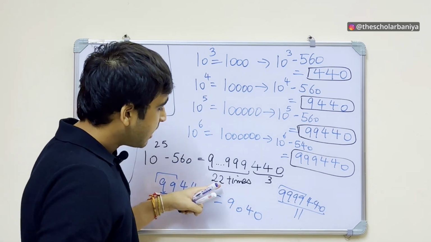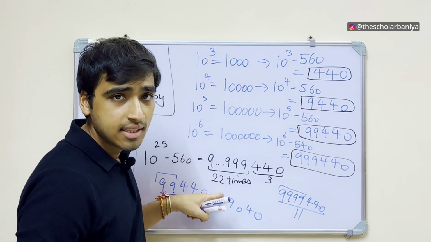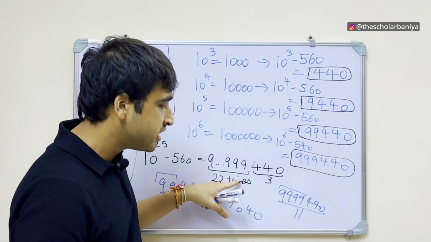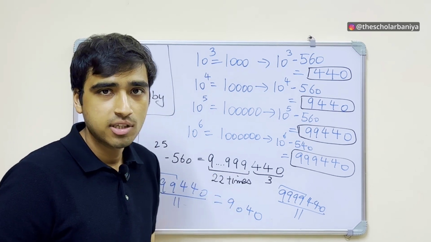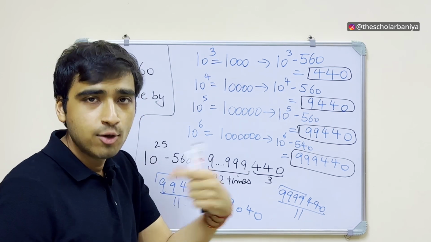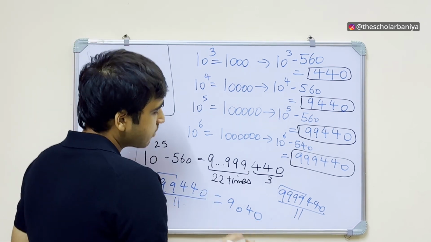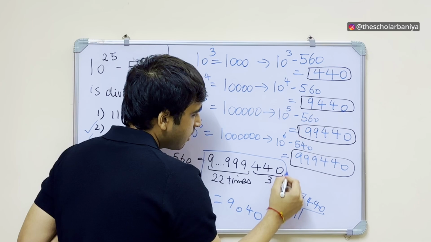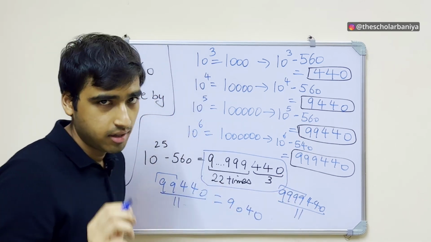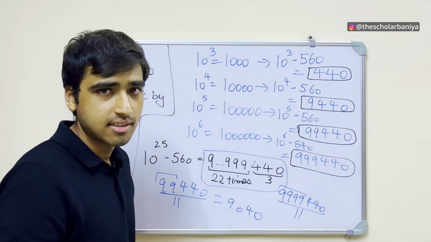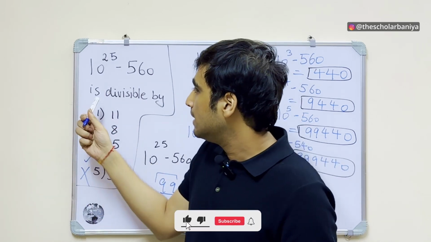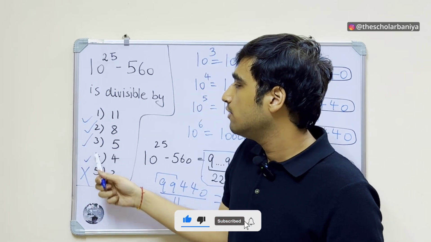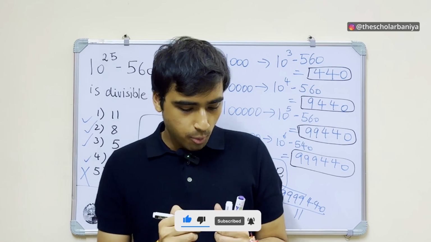Similarly, because the number of nines is 22 in this case, this will be divisible by 11, and obviously 440 is also divisible by 11, because 440 is 11 into 40. So this entire thing will be divisible by 11. That is kind of common sense. So it will be divisible by 11 as well. So that means the answer will be 1, 2, 3, 4. I hope this should be clear.